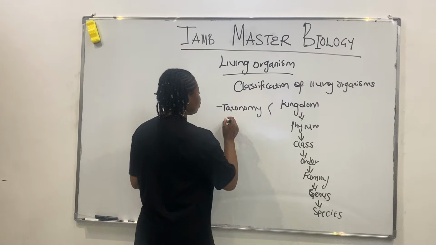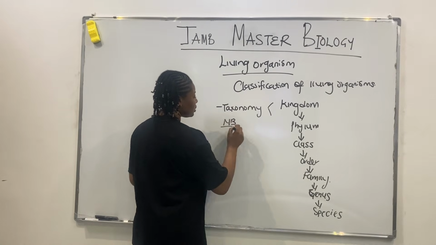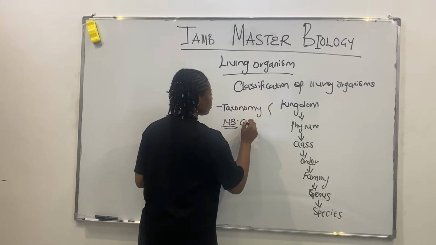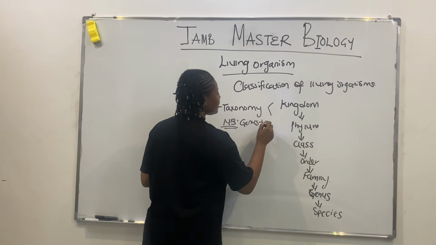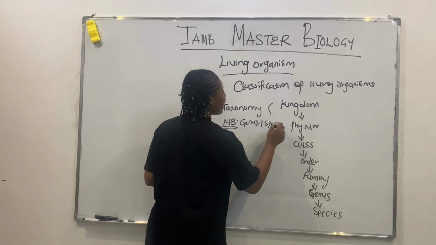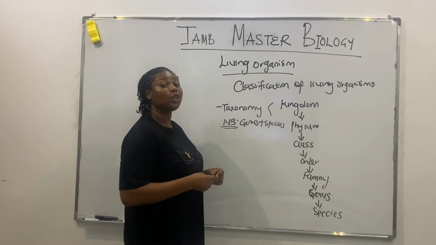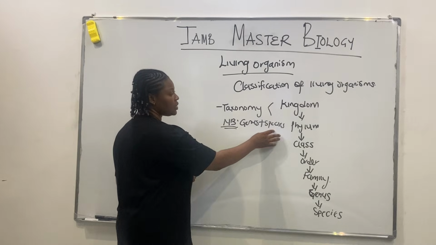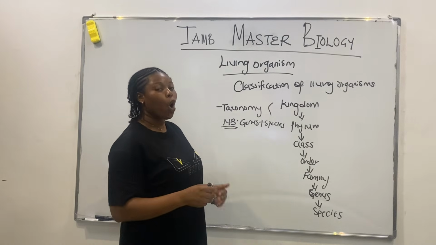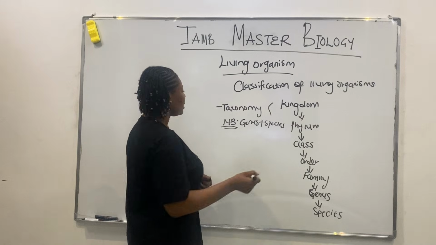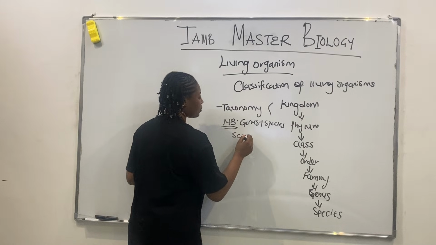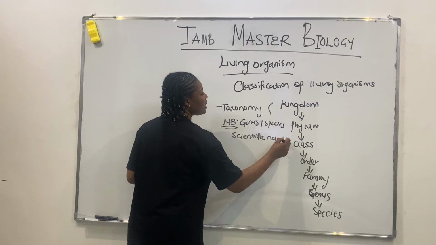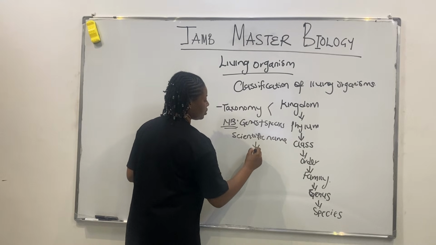Now, it is important for you to note that in this system of classification, it is the genus and the species that form the scientific name or the botanical name of an organism. The scientific name is for animals.